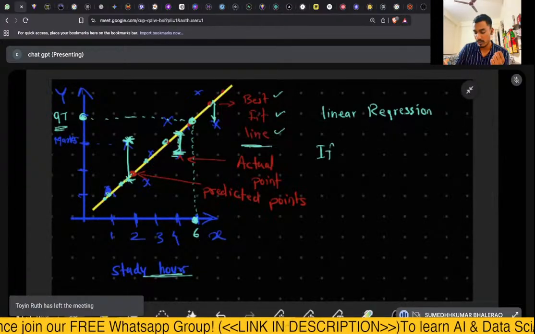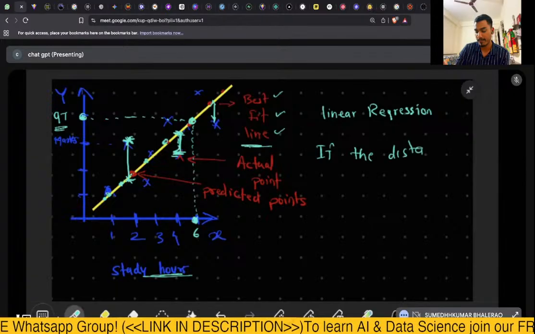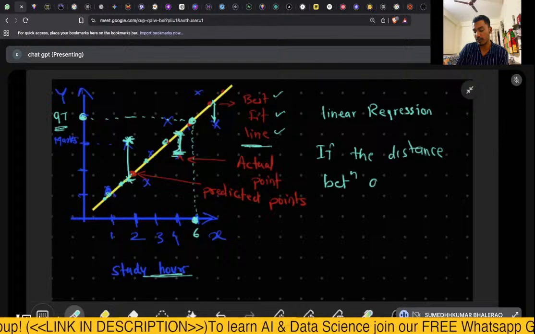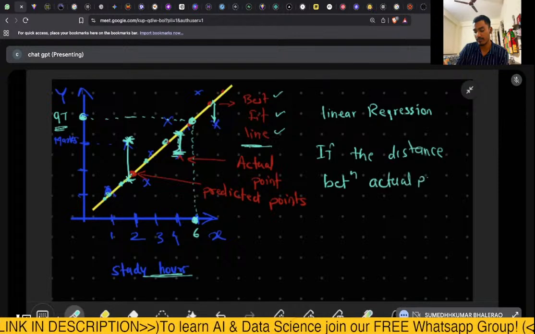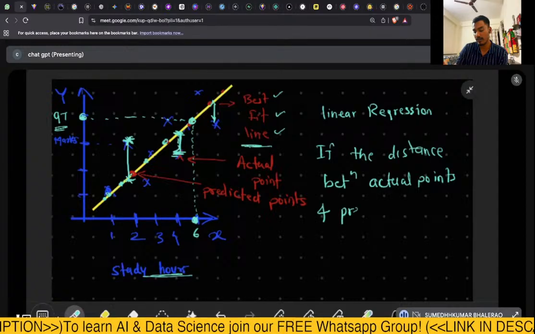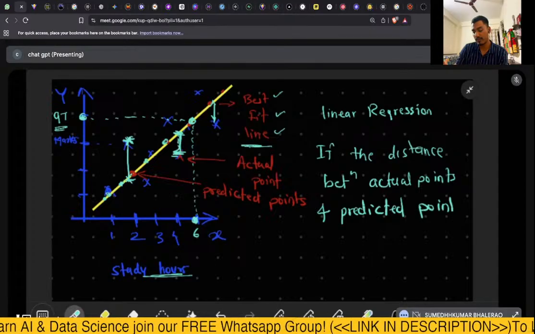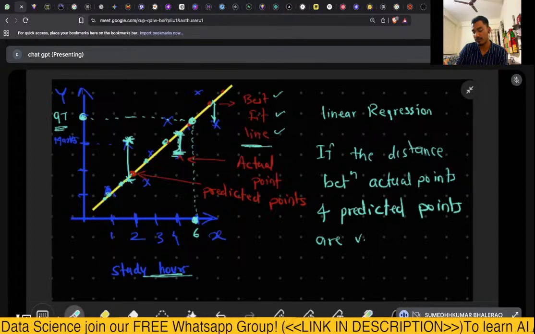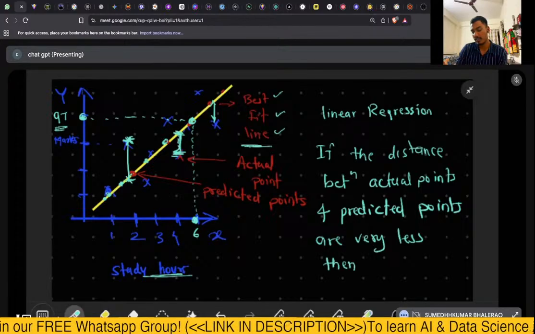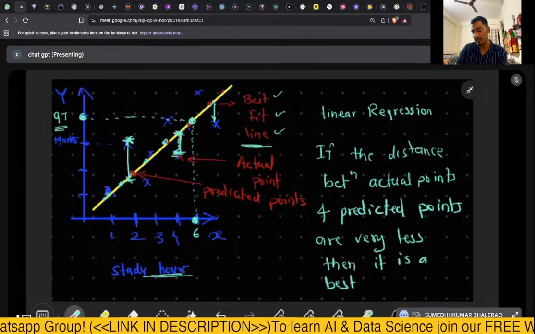If the distance between actual points and predicted points is very less, then it's a best fit.